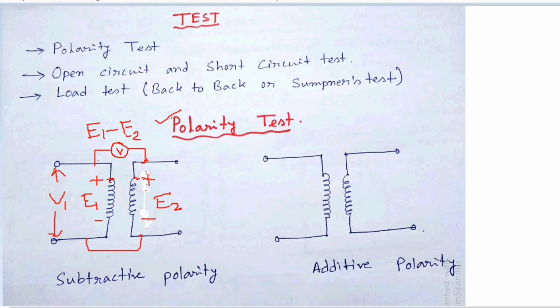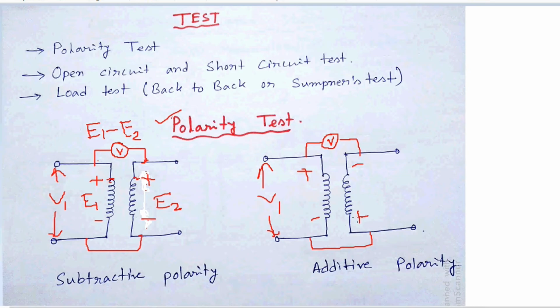If it is not, then for example we give a supply voltage V1 and again connect a voltmeter, which gives the voltage, and we short these terminals. If the polarities are not the same, say this one is positive and this one is negative, at the same instant this winding polarity is negative and here it is positive.